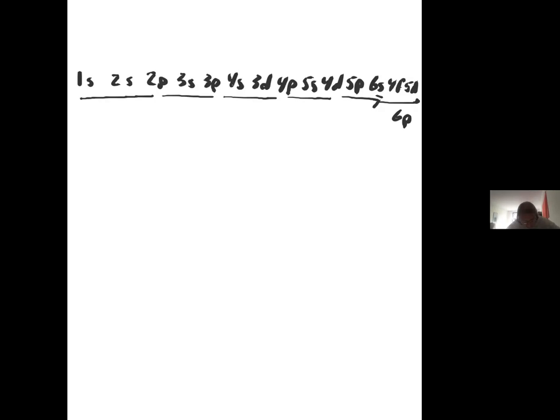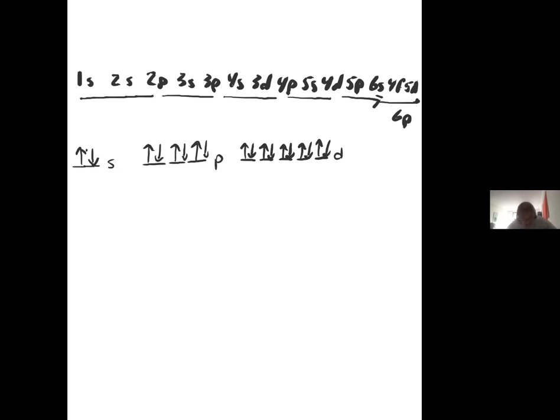Here's what happens. With any of the s orbitals, you only have one orbital, so that's 2 electrons. For the p, you've got 3 orbitals, so 1, 2, 3, 4, 5, 6 electrons, a maximum of 6. The d, you have 5 orbitals, and remember, 2 electrons max per orbital.